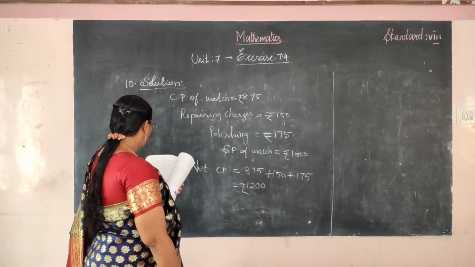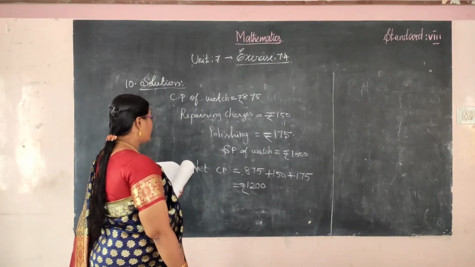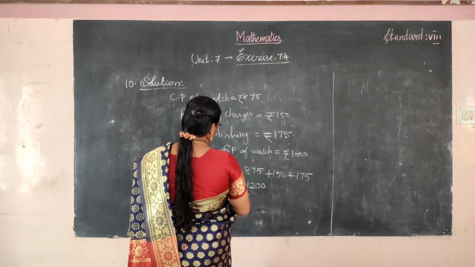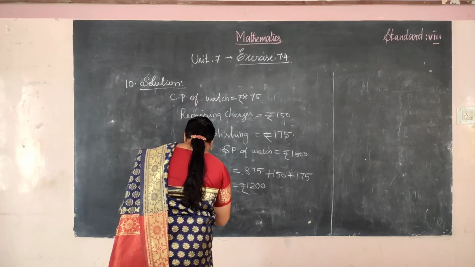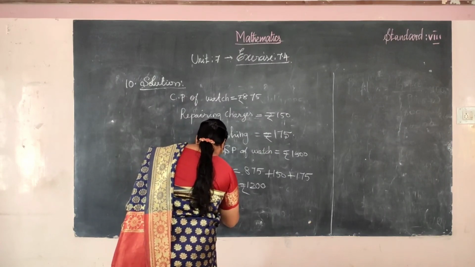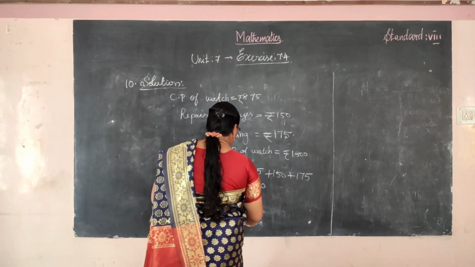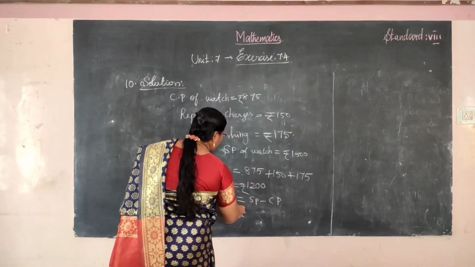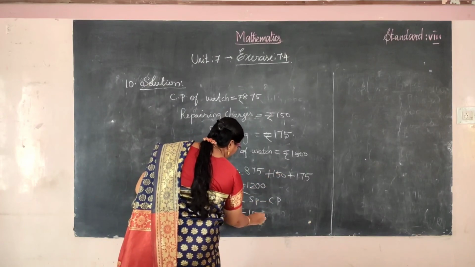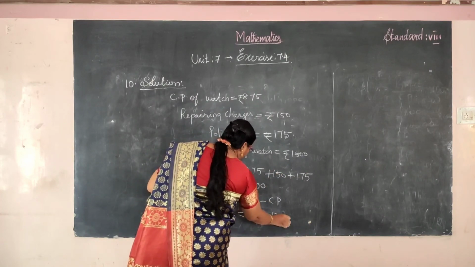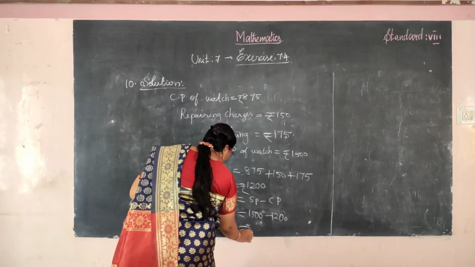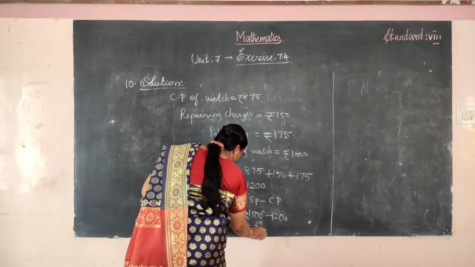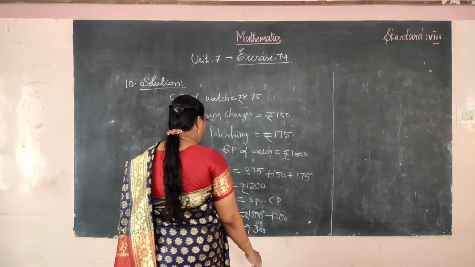What do we find out now? Profit. What is the formula for the profit? Profit is equal to selling price minus cost price. Selling price is 1,500, cost price is 1,200. So rupees 300. How many rupees profit? 300.